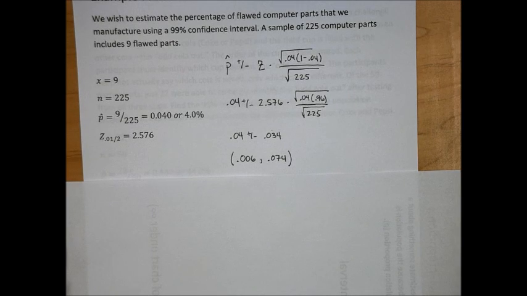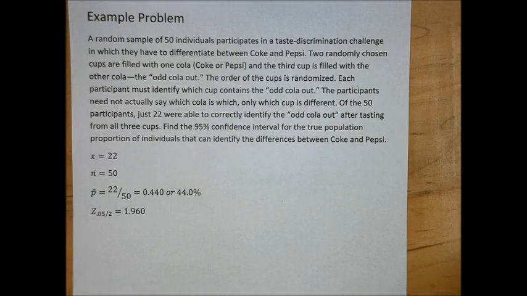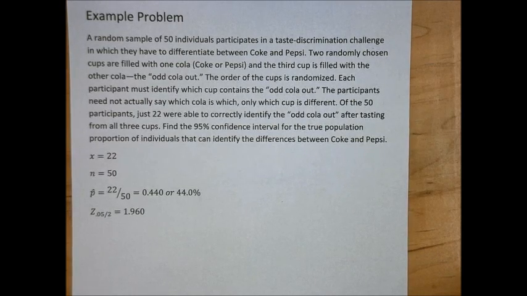Here's a slightly more involved example problem. A random sample of 50 individuals participates in a taste discrimination challenge in which they have to differentiate between Coke and Pepsi. 2 randomly chosen cups are filled with one cola, either Coke or Pepsi, and the 3rd cup is filled with the other cola, what we might call the odd cola out. The order of the cups is randomized so that each participant has no idea which cup is which.